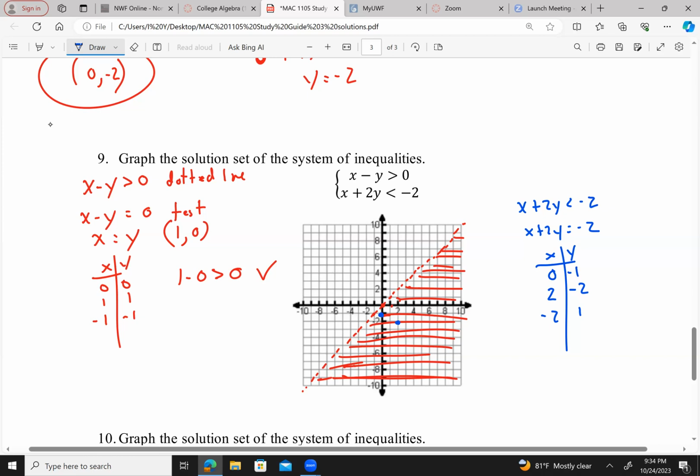I have negative 2, 1, and again, strictly less than, dotted line. And we're dotting this line here. This time I can test 0, 0. So with 0 plus 0 less than negative 2, it is not. So that means I'm shading the underside. And then my solution is this part in here.